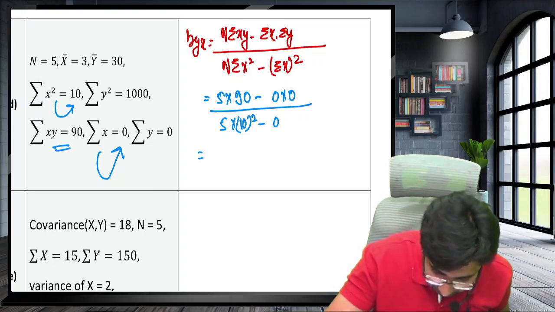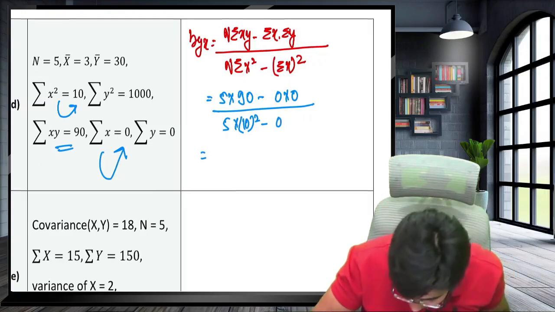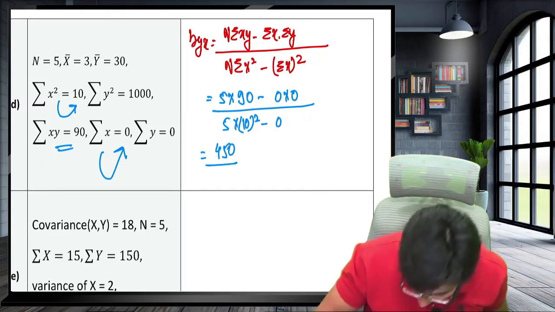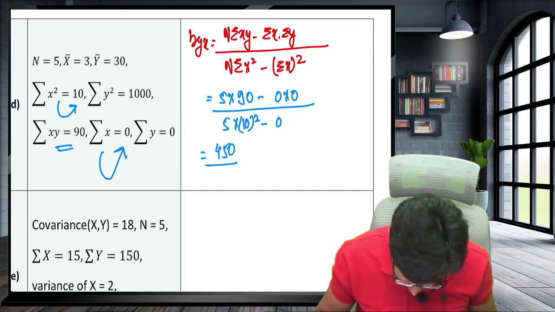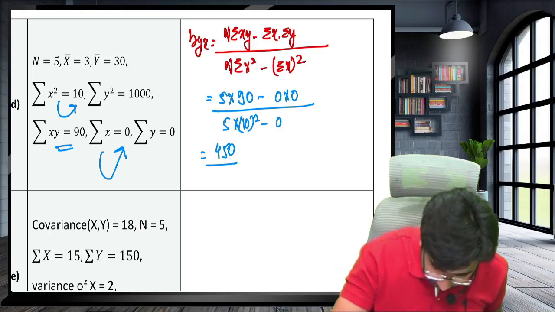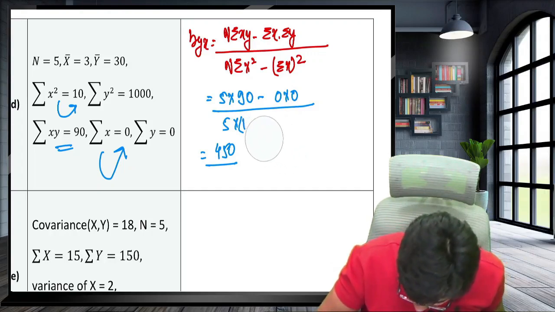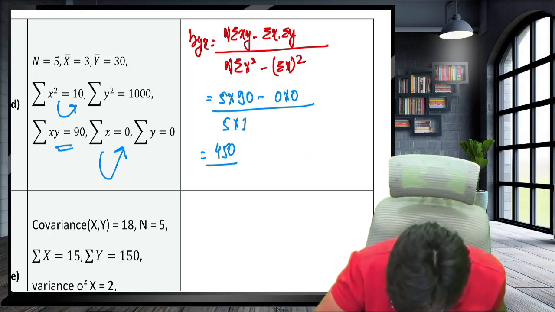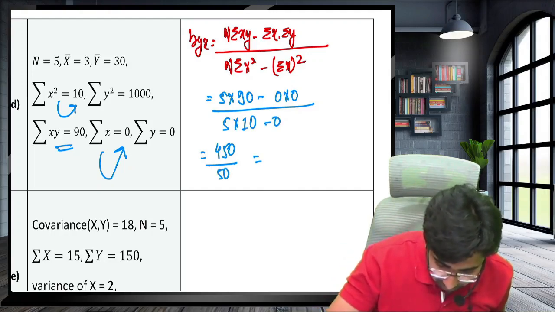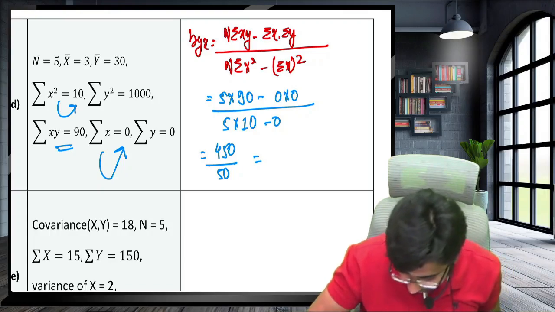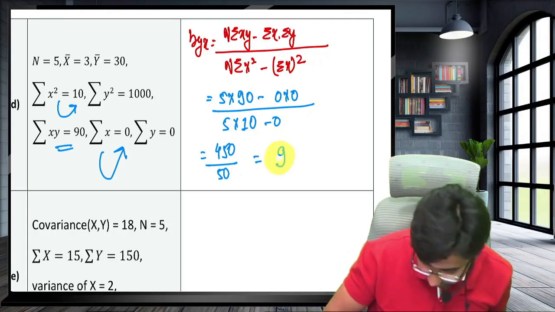So it will be 5 into 90, guys, that is 450. And it will be 5 into... Sorry, wait. I did something wrong. It will be just 10. It will be just 10 minus 0. It will be 50. 450 divided by 50. Guys, this will be again 9.